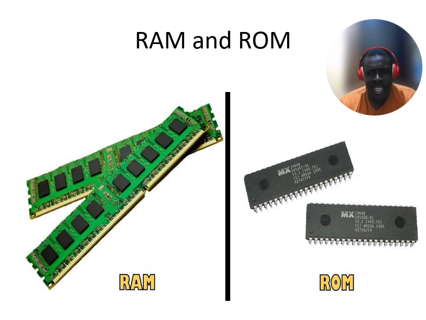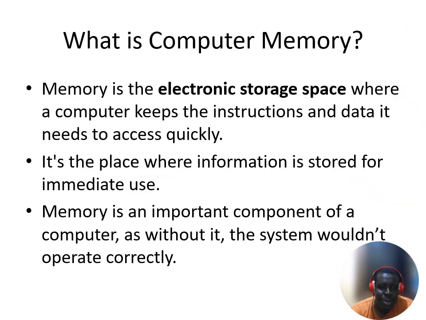Before we start, let us look at what a computer memory is. They're saying that a memory is the electronic storage space where a computer keeps the instructions and data it needs to access quickly. It's more like a storage space where things are kept for you to easily access when you need them.